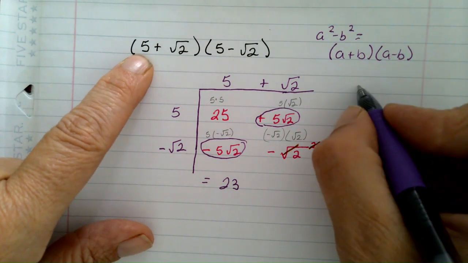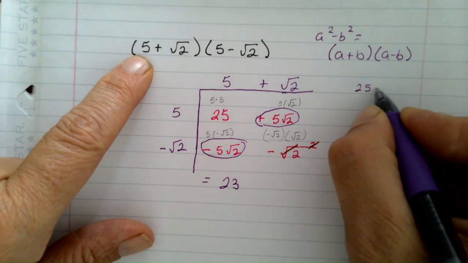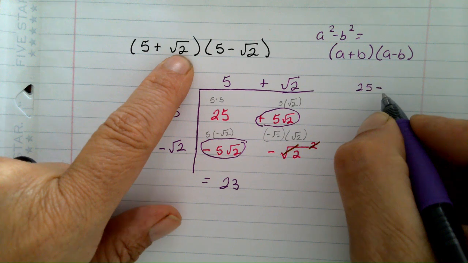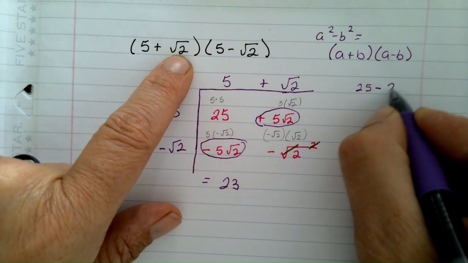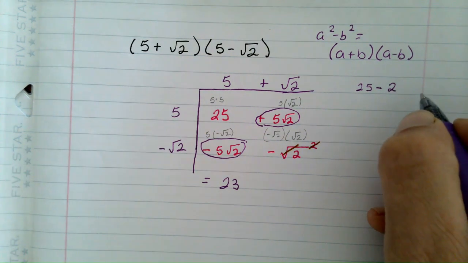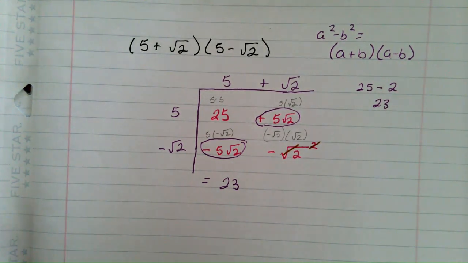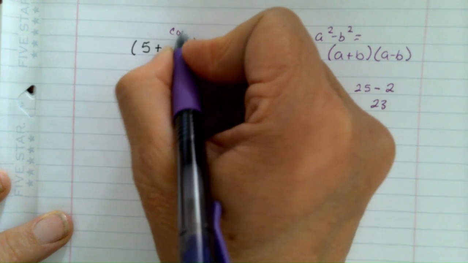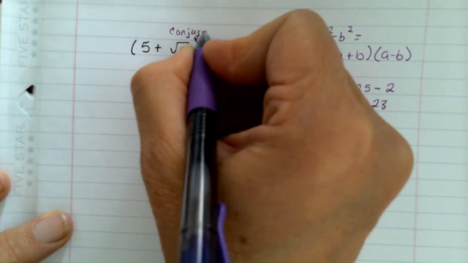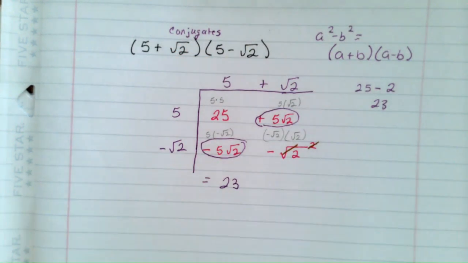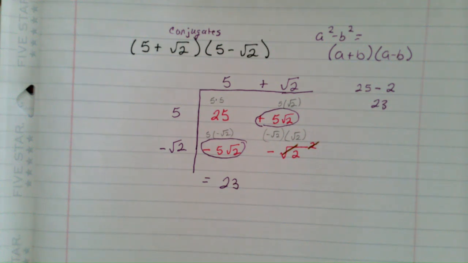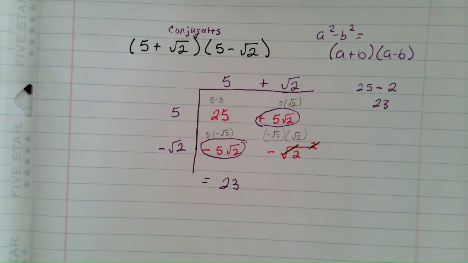So 5 squared is 25, minus, if you take the square root of 2 and you square it, you get 2. And 25 minus 2 is 23. It's just a nice thing because these are conjugates. And if you watched my complex numbers video, you would have seen me talk about conjugates in that video as well.